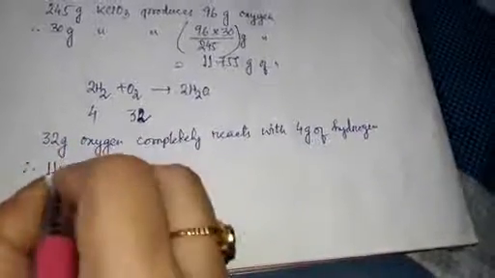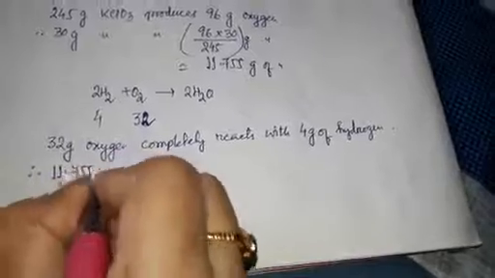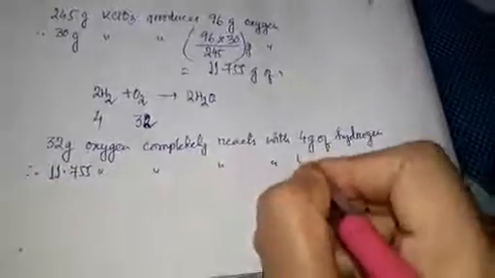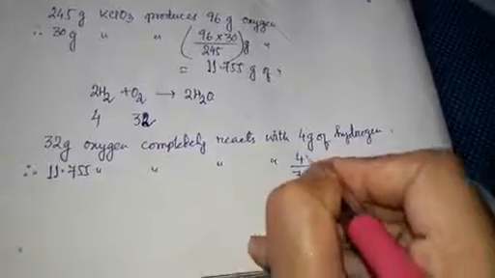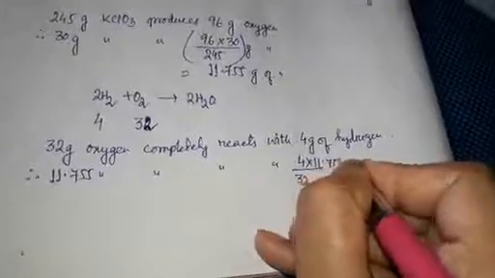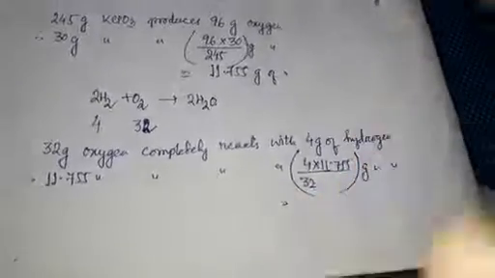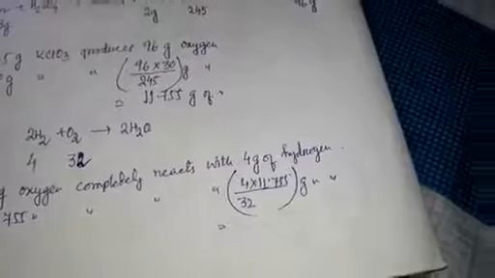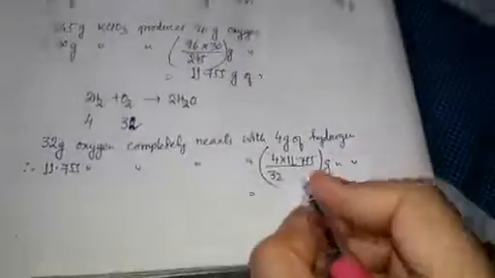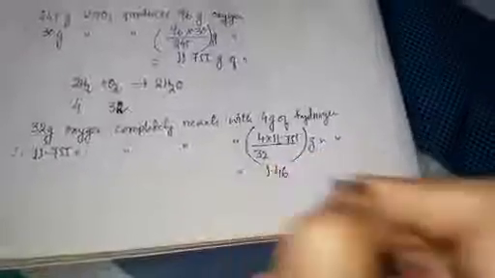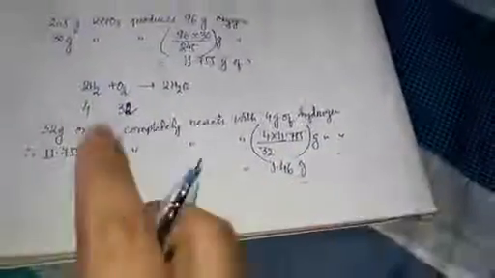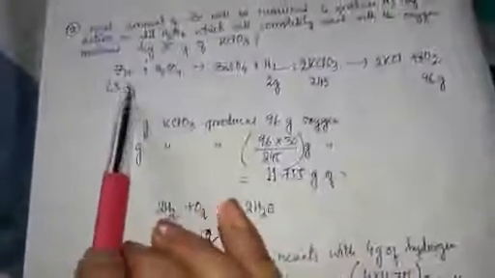So 11.755 grams of oxygen completely reacts with 4 by 32 into 11.755 grams of hydrogen, right? So after calculation we are getting 1.46 gram of hydrogen.